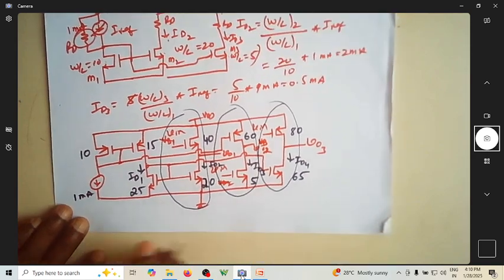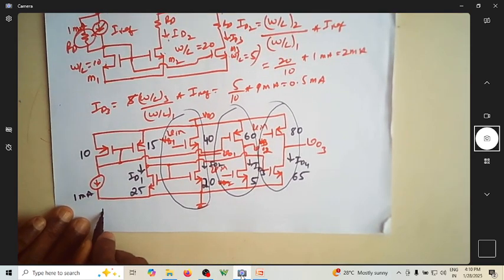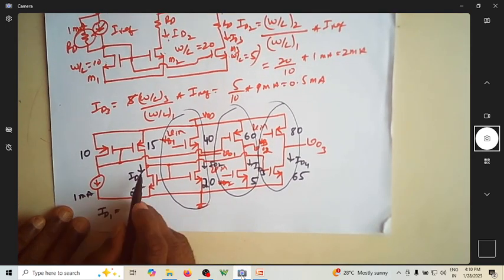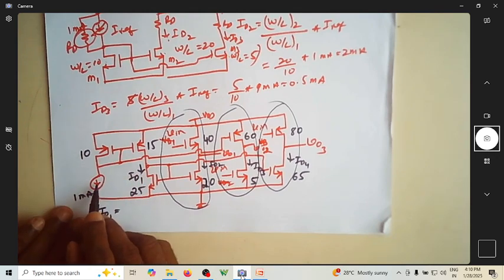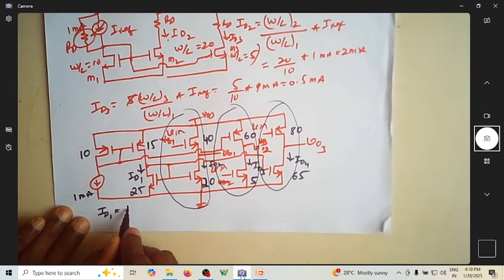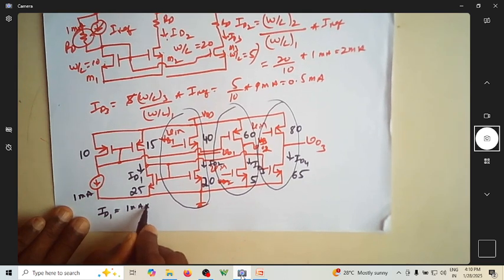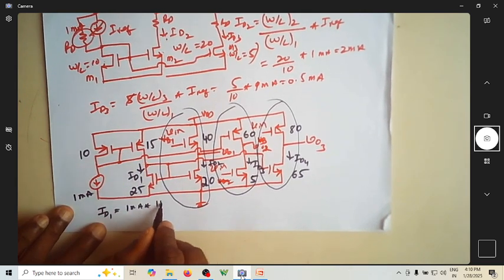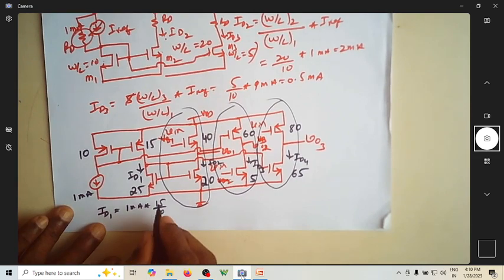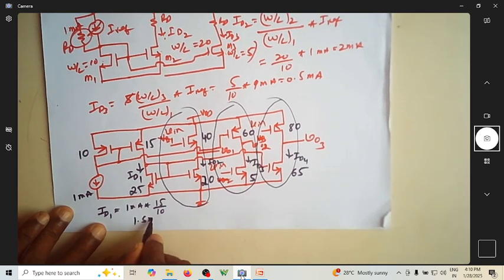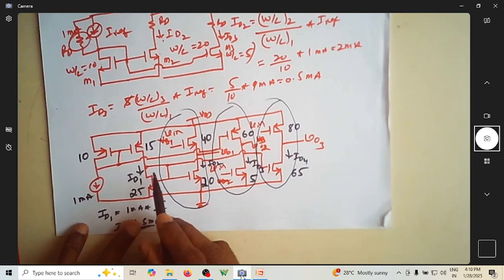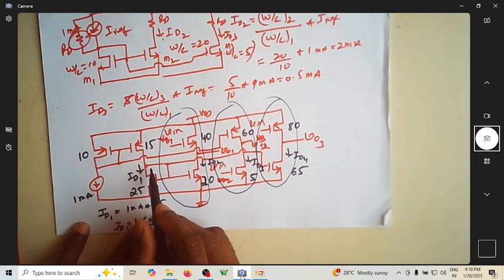So let us try to find out what is ID1. This is the reference current, 1 milliampere multiplied by 15 by 10. So whatever the current comes, this happens to be 1.5 milliampere. So ID1 is 1.5 milliampere, and that becomes the reference current.